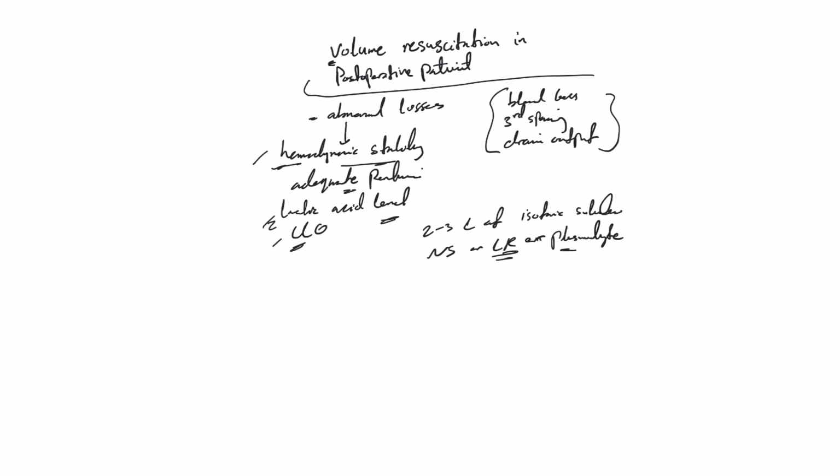So we mainly think about lactated Ringer or normal saline. And we said surgeons like lactated Ringer, so most patients in the post-operative period receive lactated Ringer from the surgeon. I'll talk about special cases where we prefer one over another, but 2 to 3 liters, right?